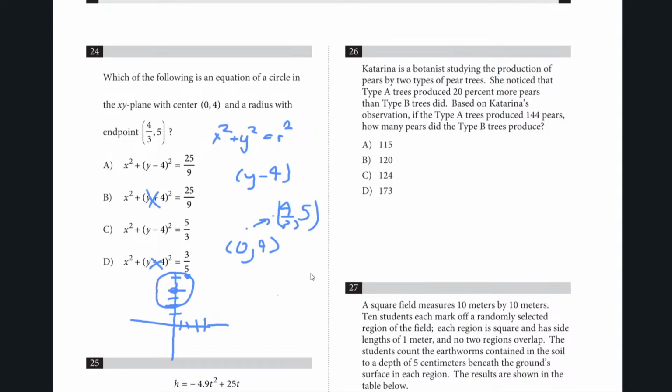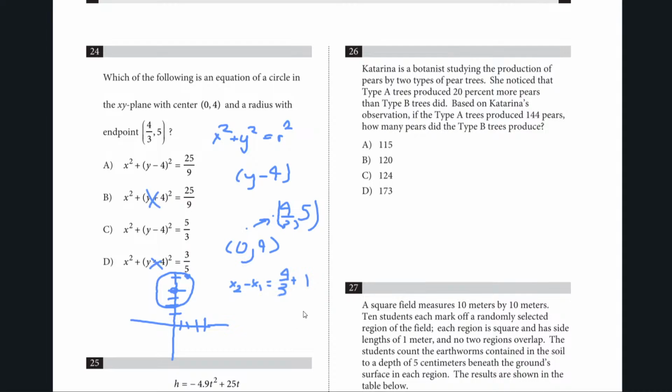And the whole trick about the SAT is understanding the problem in its simplest terms. So we do x2 minus x1, and that's going to be 4/3. And then we have 5 minus 4, which is 1. And from what I remember, we want to square, no, we want to square root this.